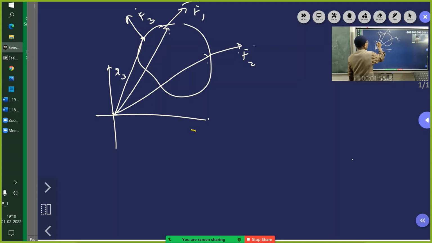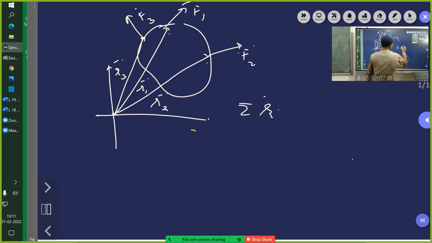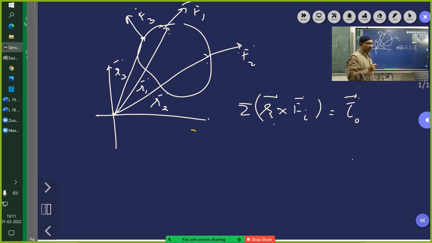So this becomes R3 bar, R1 bar and R2 bar. So summation Ri bar cross Fi bar. Now this is what we call the torque about O, because Ri and all are referenced with respect to O. I suppose all of you got this?